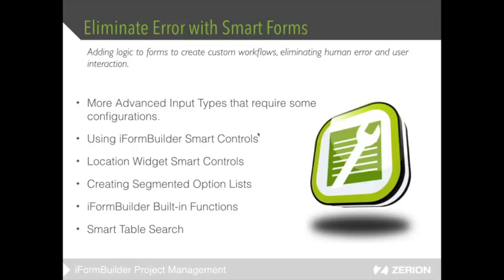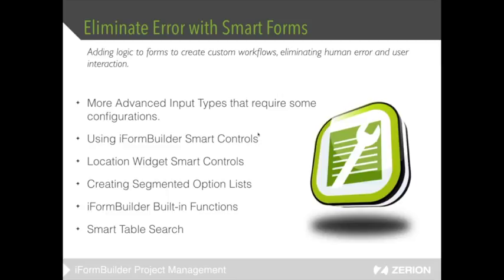The iFormBuilder built-in functions that I mentioned earlier, where you're able to call to the user's information, can be extremely helpful and pre-populate that in the form. You can also use some of the other iFormBuilder built-in functions that we have, which allow you to do aggregation as well as displaying a key value or a label from an option that's selected by the user.